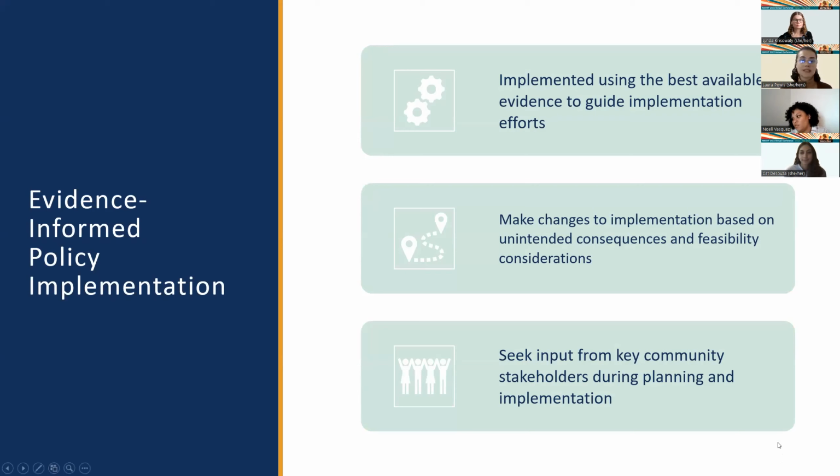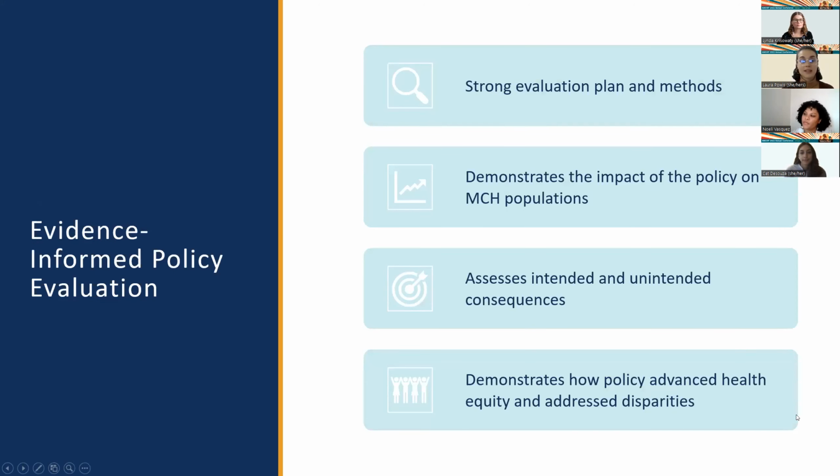We're also looking to see, are changes being made based on unintended consequences or feasibility considerations? So as you're implementing the policy, are you assessing how things are going and then making modifications based on what you learn? And then lastly, seeking input from key community stakeholders and partners during the planning and implementation process. Next slide, please.